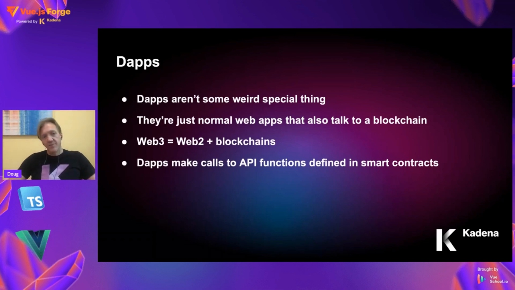So Web3 is really Web2 plus some blockchain stuff. And I think that we shouldn't make it more intimidating than it should be. And then a dApp makes these API calls to smart contract code, that is, code stored in the blockchain.